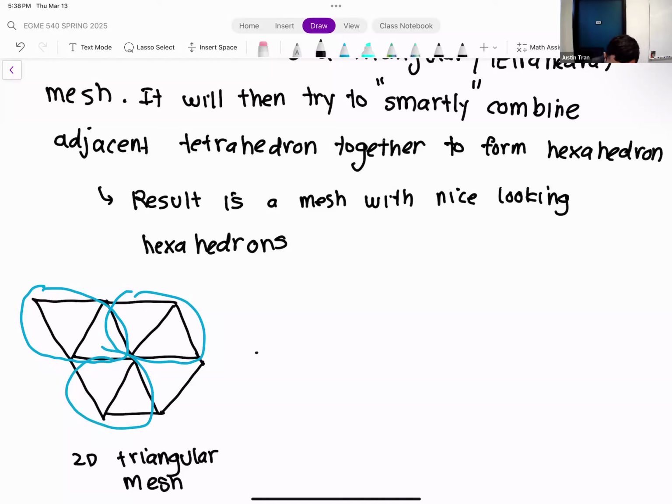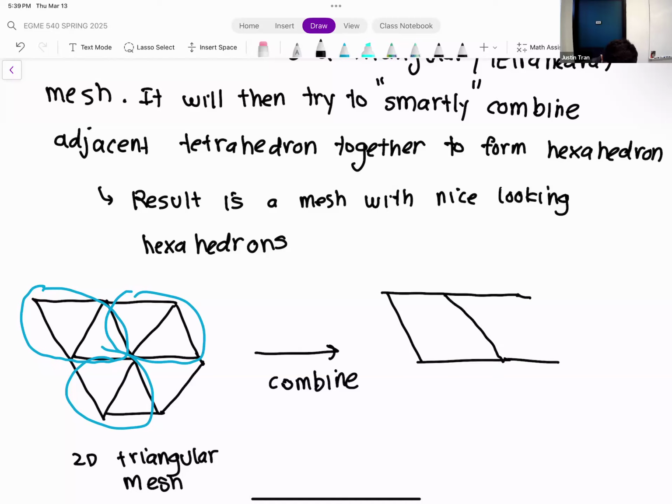If you combine all these together, you end up with a mesh that looks like this. You can see that the mesh of 7 triangles became a mesh of 3 quadrilaterals and 1 triangle.